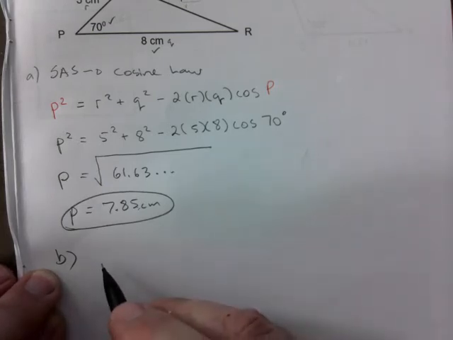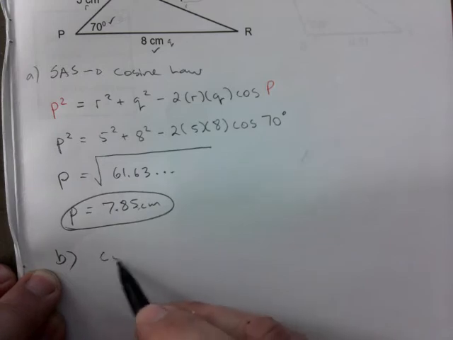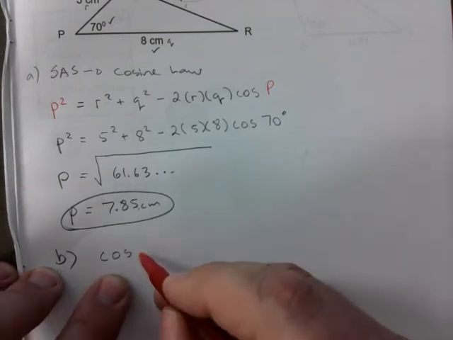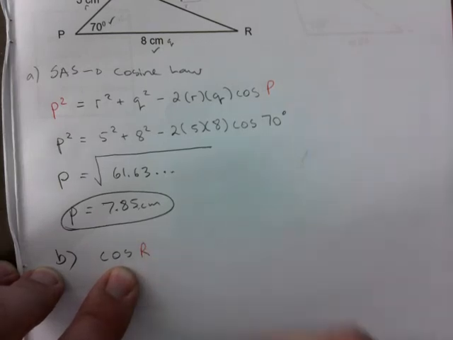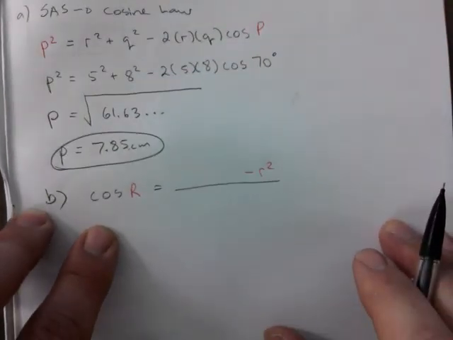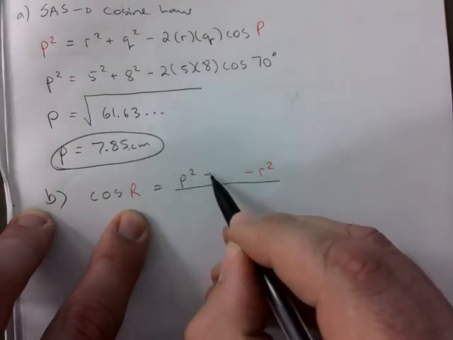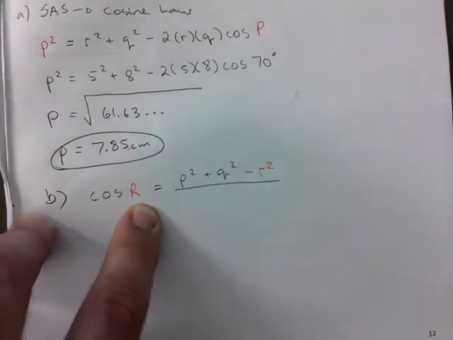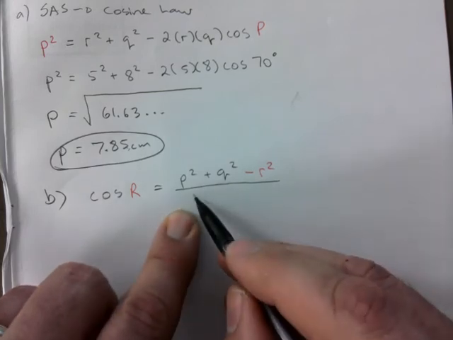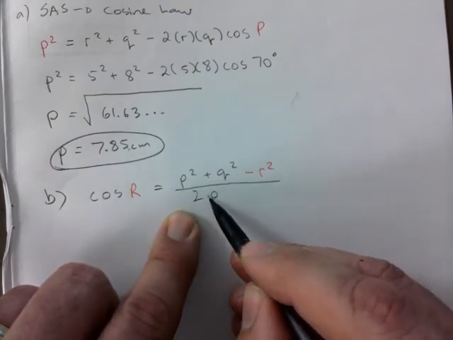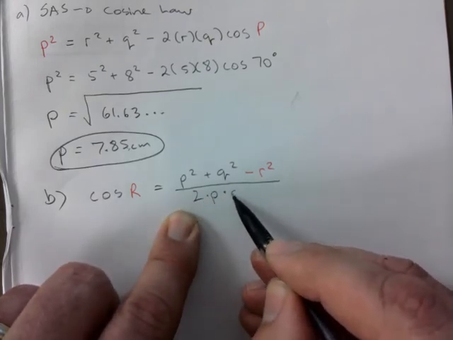I'm going to find angle R. So cosine of R is going to be, I know R is going to be subtracting there at the end. So it's P squared plus Q squared minus R squared. The bottom is 2 times P times Q.